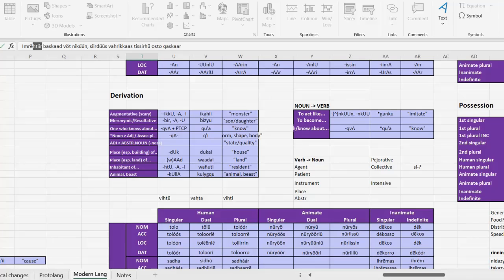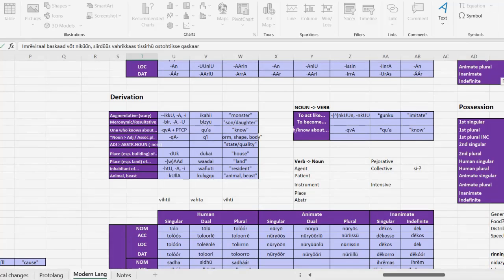First of all, for city, it would be bir, but because that B is intervocalic, it would become a V, and in the plural, adding the R plural ending, the R would have to turn into an L because of liquid dissimilation. Whereas for the tree, put on the inhabitant suffix, and then it needs the animate plural accusative ending. The animate plural would just be is, and the accusative would be s on top of that.